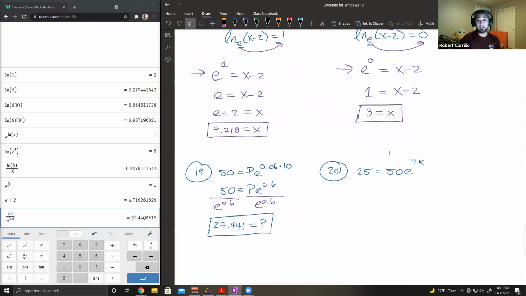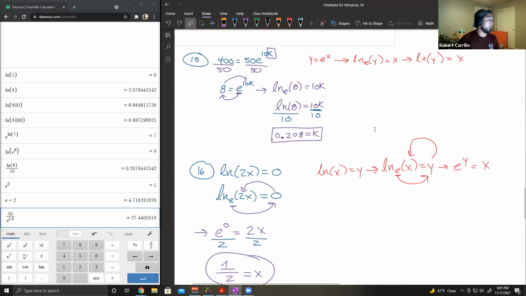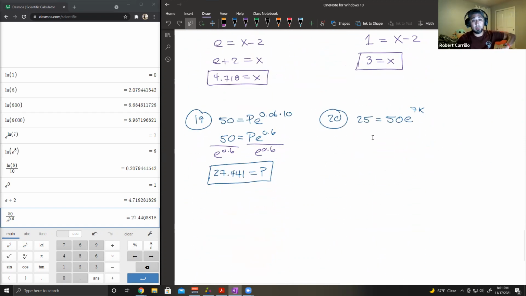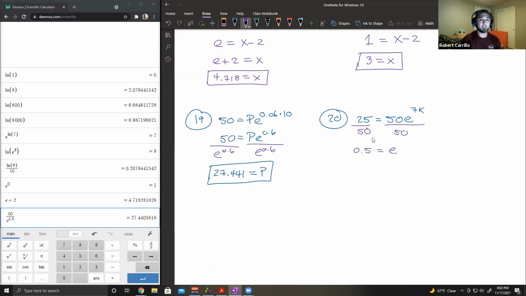So this is just going to be like we did for number 15. We're going to convert from exponential to logarithm. But the first thing we're going to do is get rid of that 50. And 25 over 50 gives me what? 1/2.